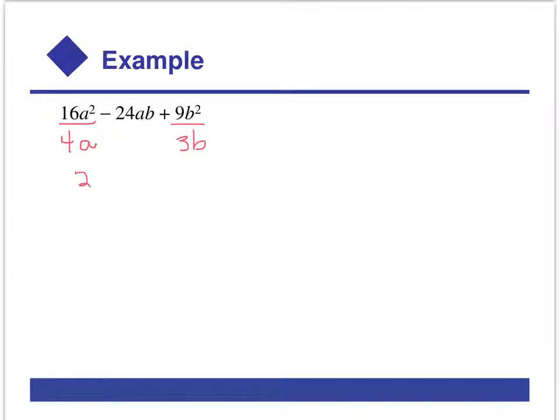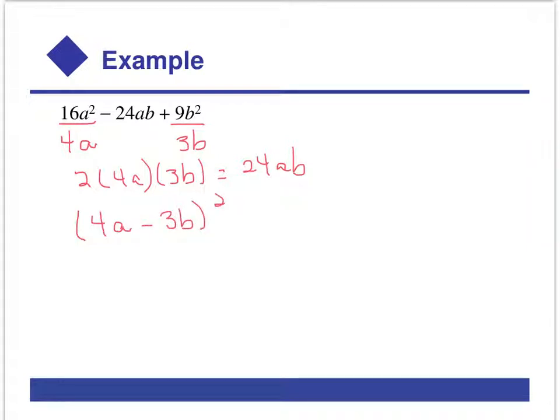So if I say 2 times 4a times 3b, 2 times 4a is 8a. 8a times 3b gives us 24ab. So that helps. So we have just figured out what we need to factor. It's going to be 4a minus 3b squared. And if you FOIL it, it does check back.